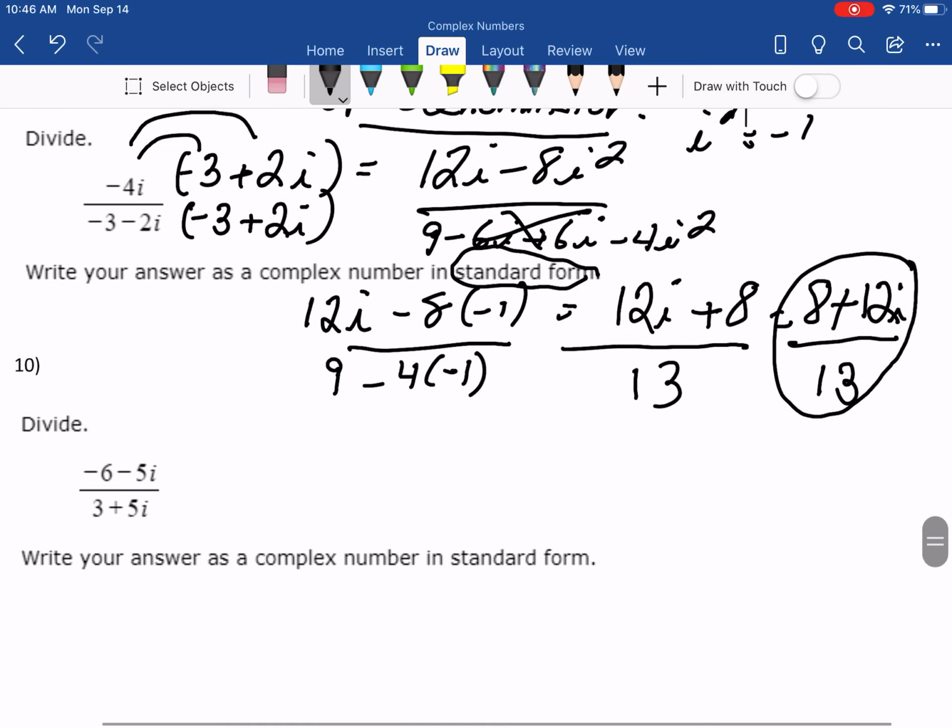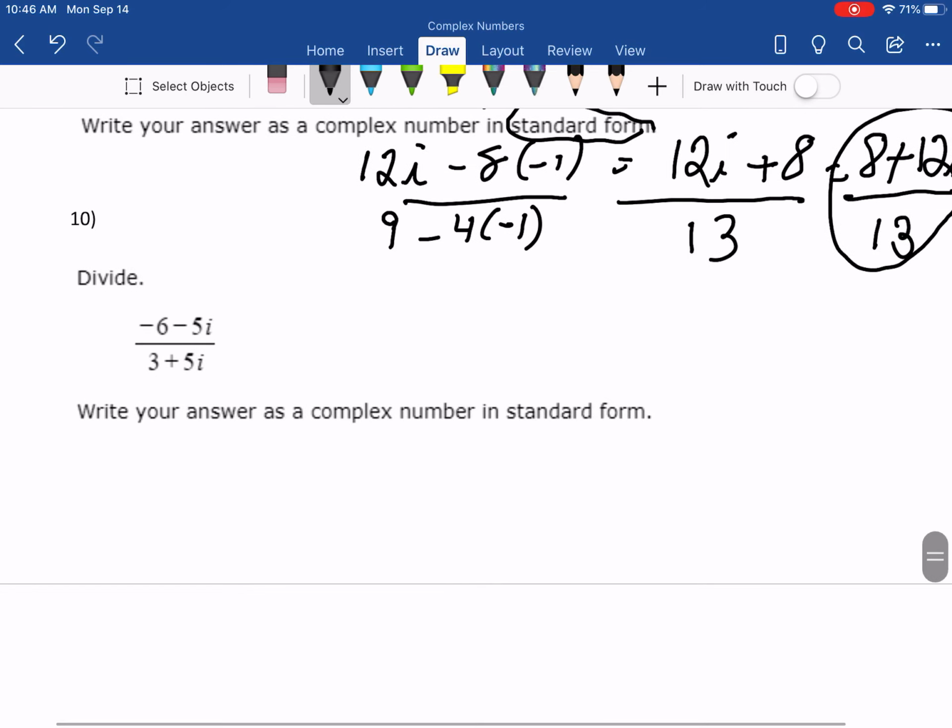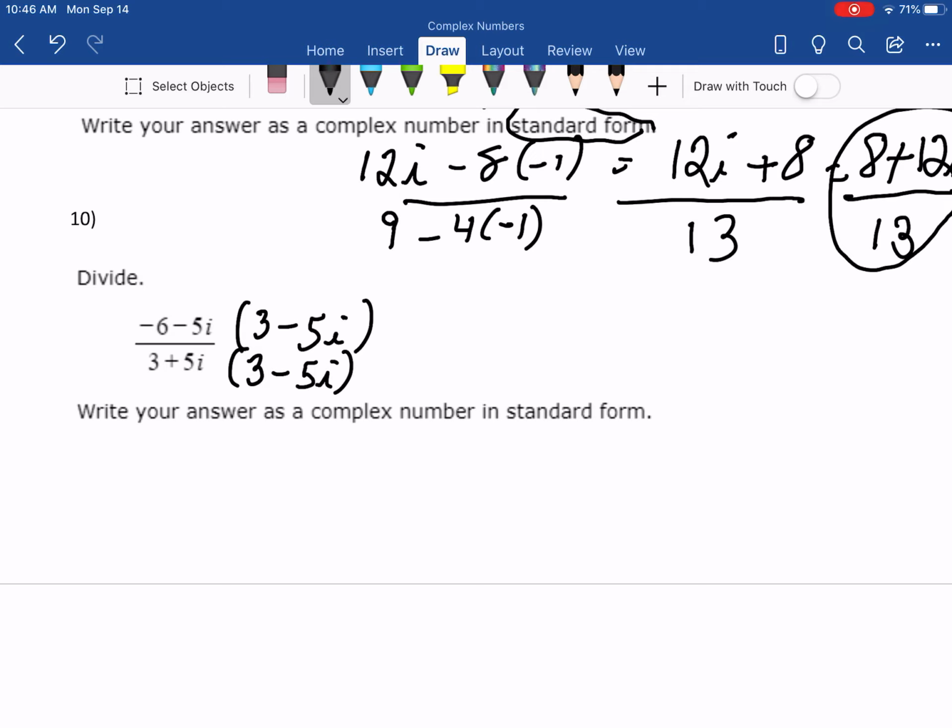Okay, last one. So we said to divide complex numbers, we're going to multiply everything by the complex conjugate of the denominator. That'll be 3 minus 5i. All right, let's see what we get.